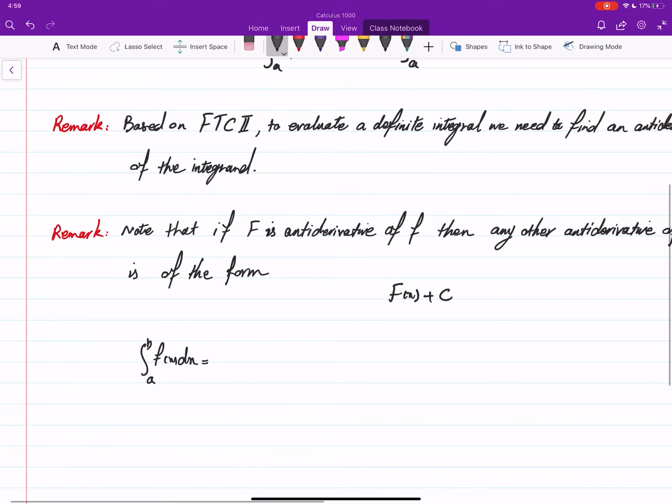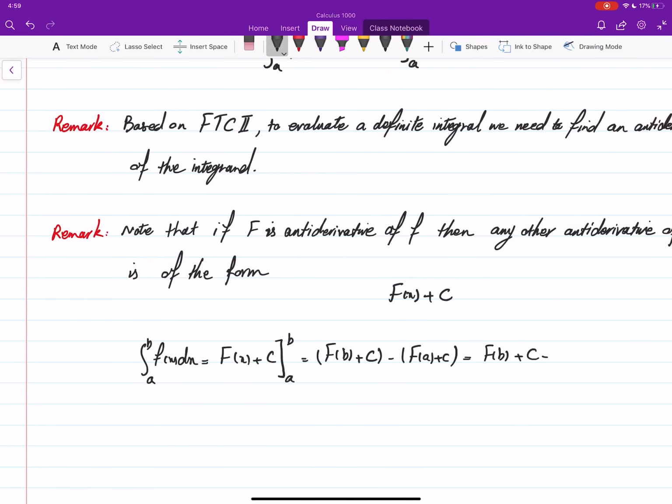Let's say you use F of x plus c as the antiderivative, and the integral by the fundamental theorem of calculus is going to be F of b plus c, this is a constant, minus F of a plus the same constant c. But if you open this up, you see that this is minus F of a minus c. This c and that c cancel each other.